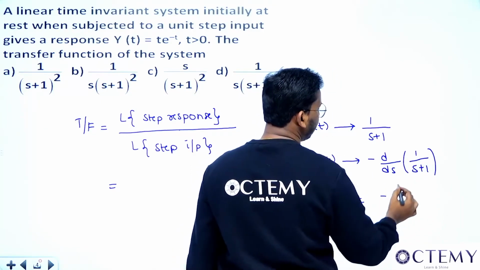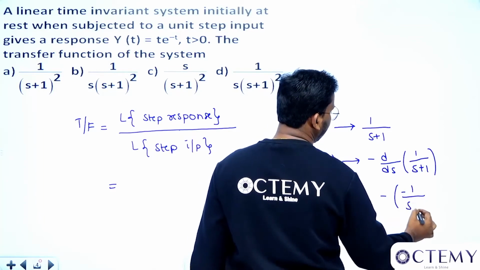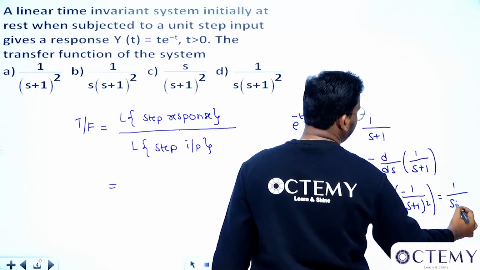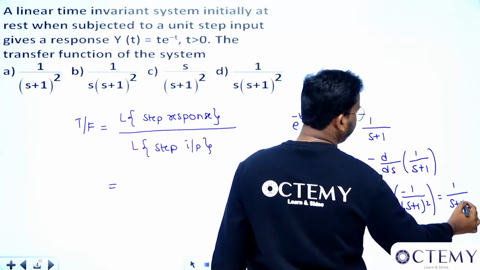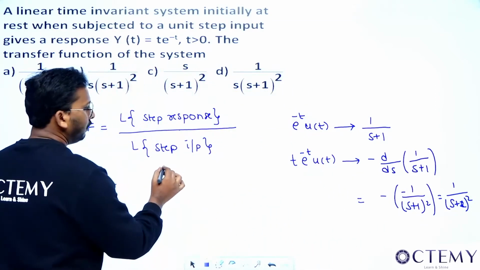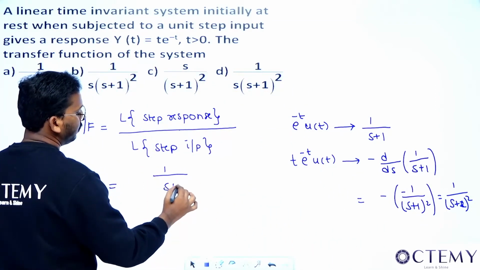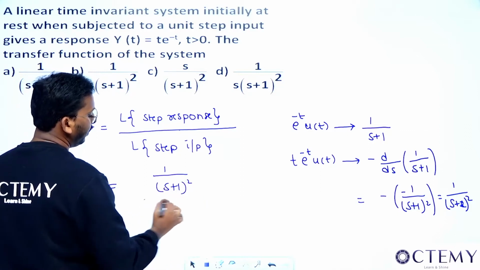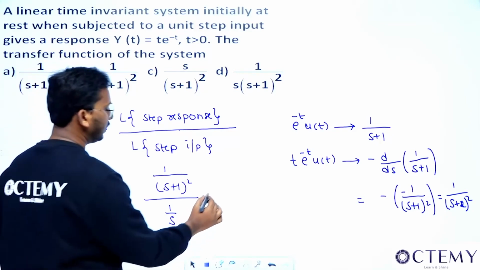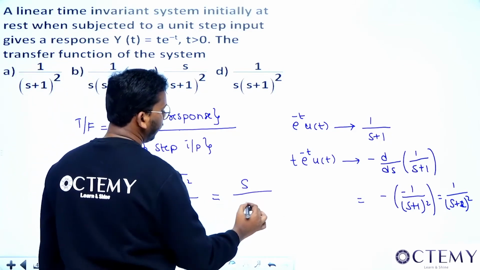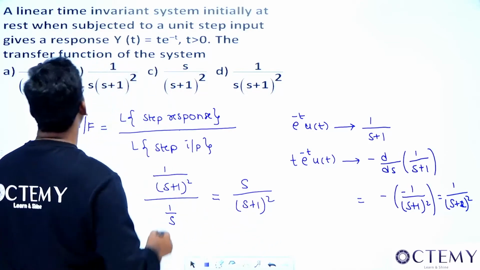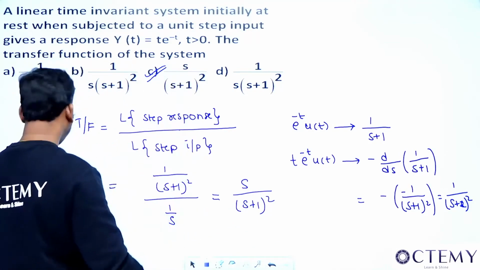That will become minus of minus 1 by (s plus 1) square, so it will become 1 by (s plus 1) square. Right? So here you have 1 by (s plus 1) square whole divided by 1 by s, because it's telling unit step. So the answer will be what? s divided by (s plus 1) whole square. If you check the options, option C perfectly matches this.